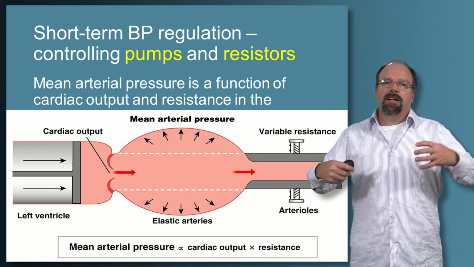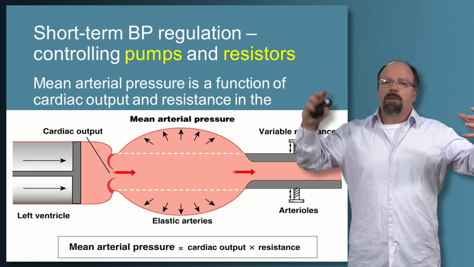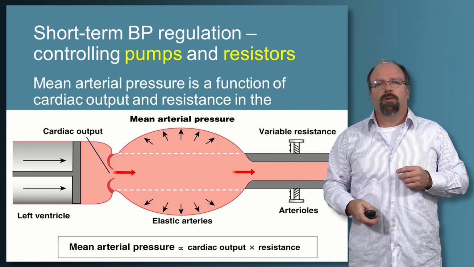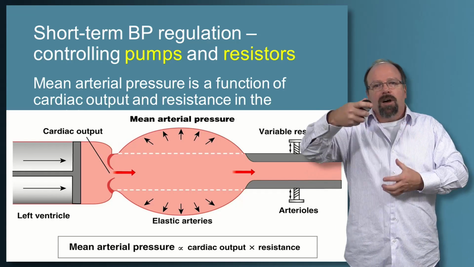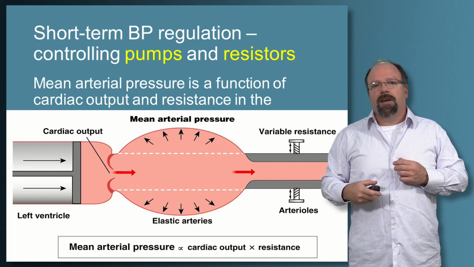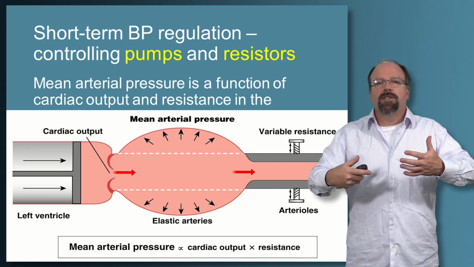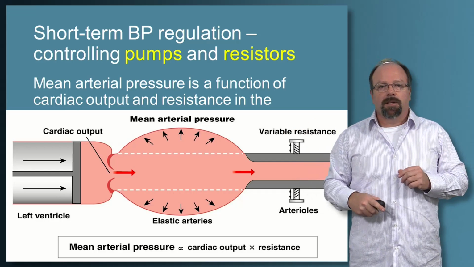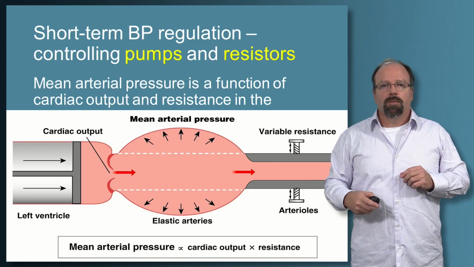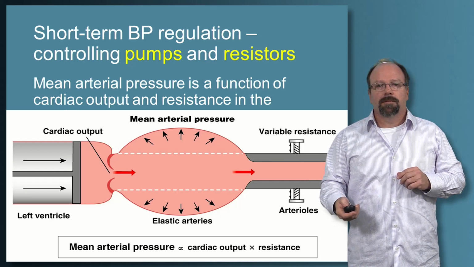If we contrast that, if we keep cardiac output the same but squeeze down on those variable resistors, we can also see a buildup of mean arterial pressure, a stretching of that arterial bag, and increases in pressure. These are the two mechanisms that the body uses to control blood pressure in the arteries.